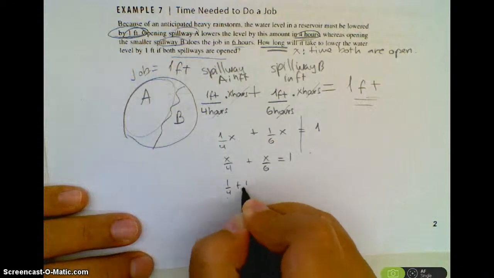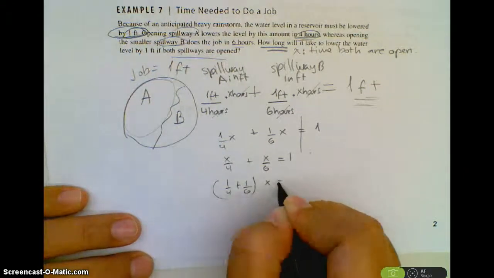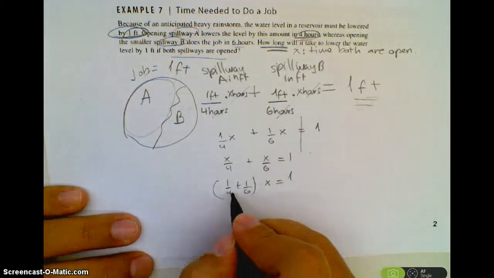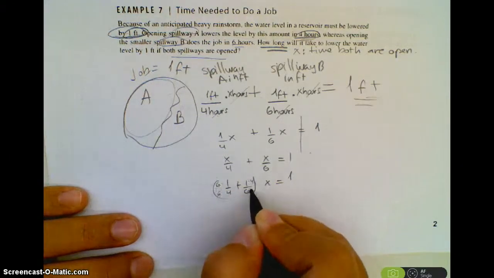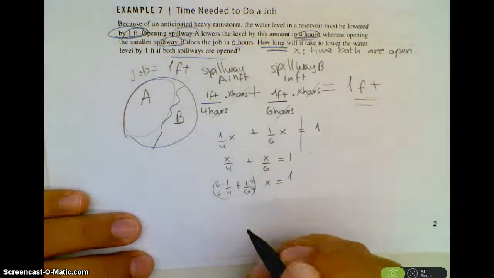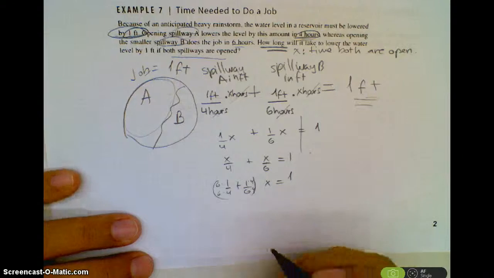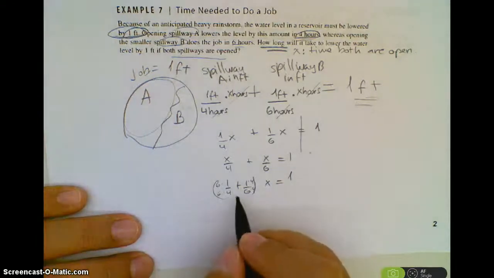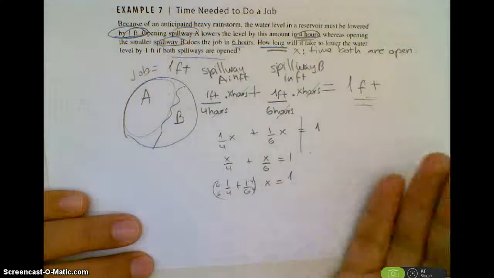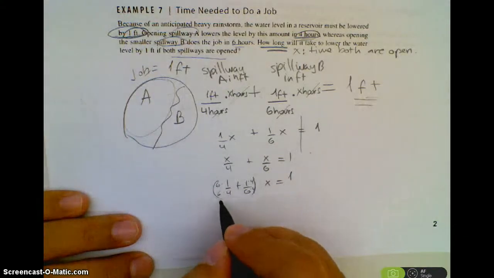1/4 plus 1/6 of x equals 1. So I can multiply this by 6 and this one by 4. It won't be the least common multiple, but at least it will be very fast because I don't have to think about what is the least common multiple. But you know the least common multiple is 12. But do it in any way you want.